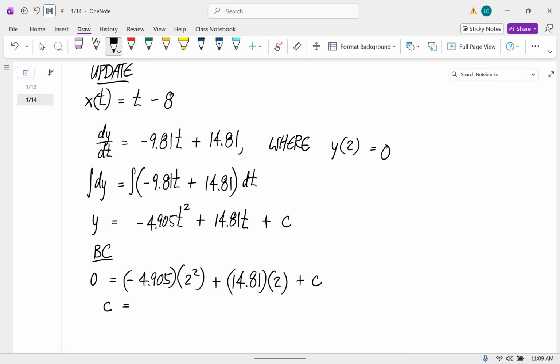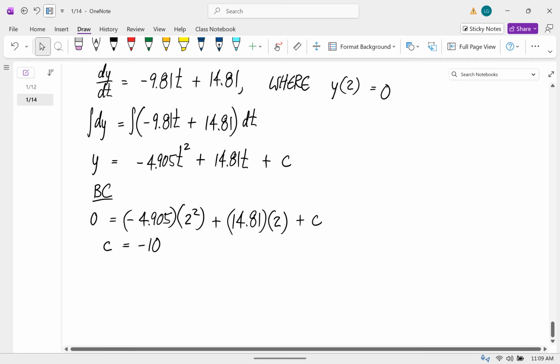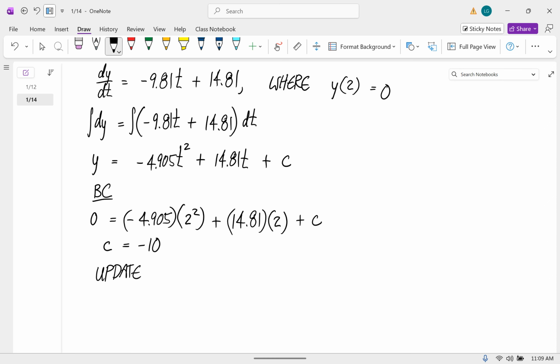C equals -10. And so now we update, and we get y as a function of t is equal to -4.905 t squared plus 14.81 t minus 10.